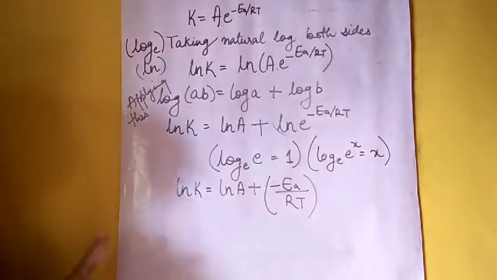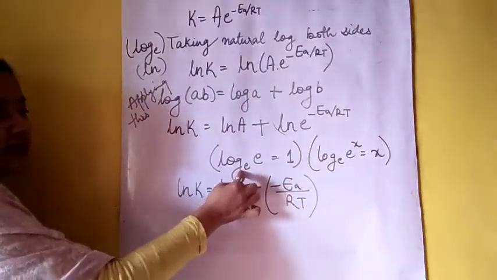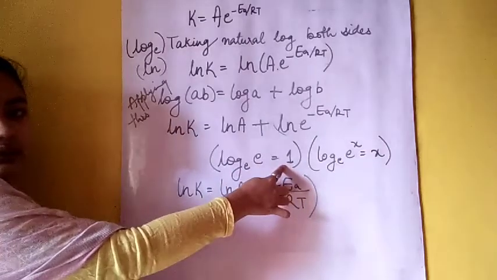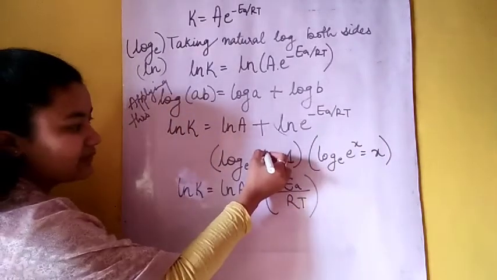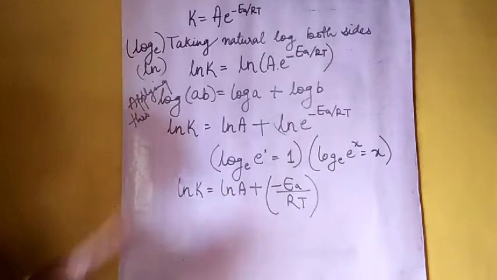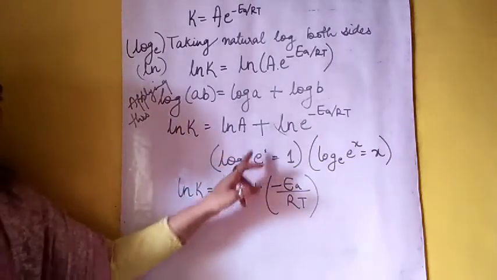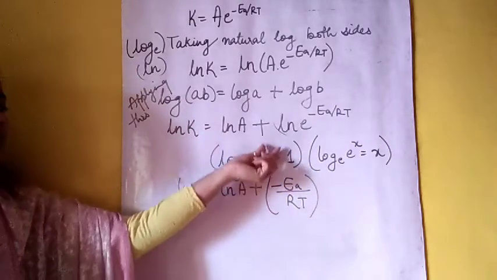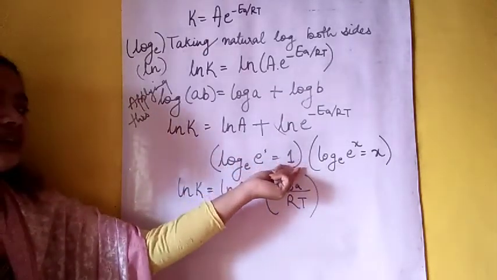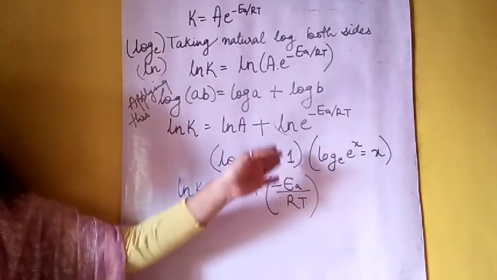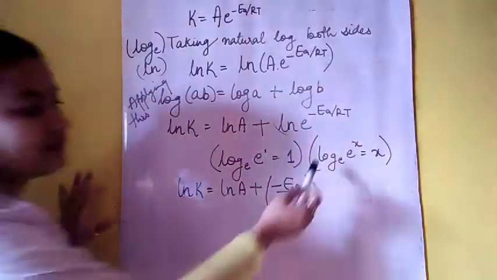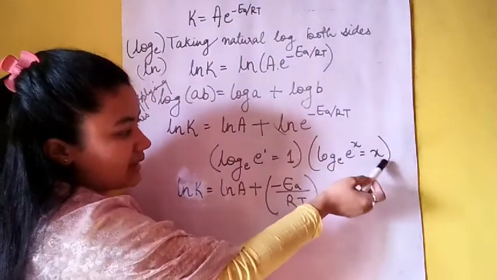Again I am telling you what we have done here: log base e of e is always 1, because it has a power 1. Now always remember that whatever the power of e will be, that power will come forward. That is the value of log base e. So if log base e has a power of x, there will be x.